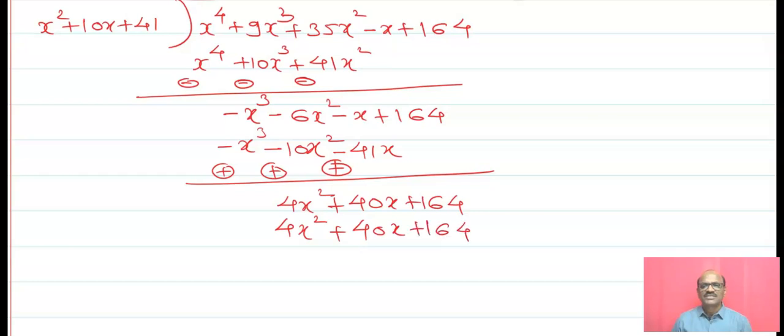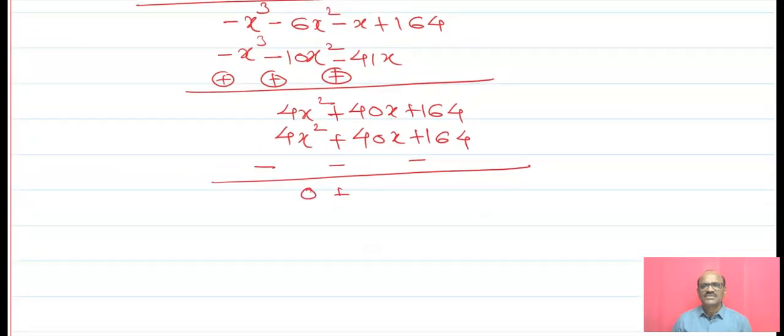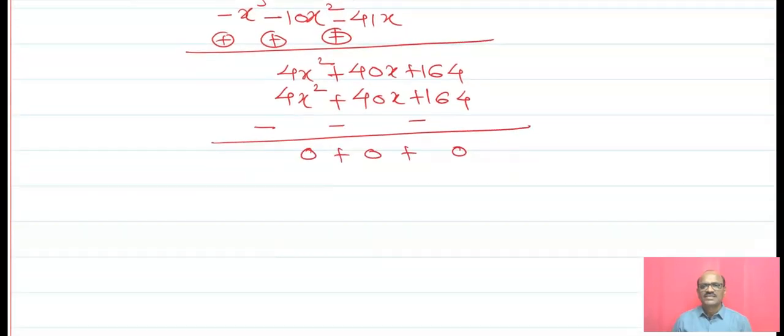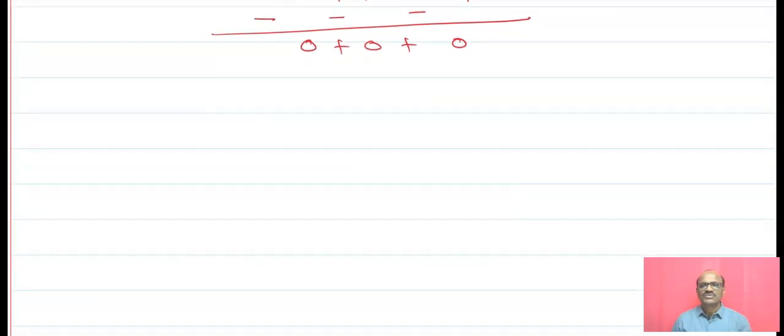Now the subtraction, and see this, that is 0, 0. Therefore the remainder is 0.